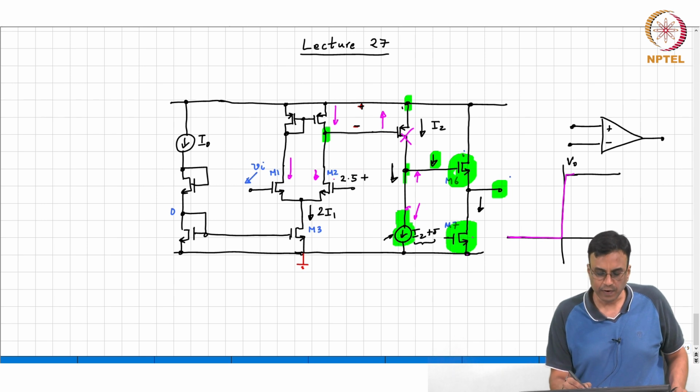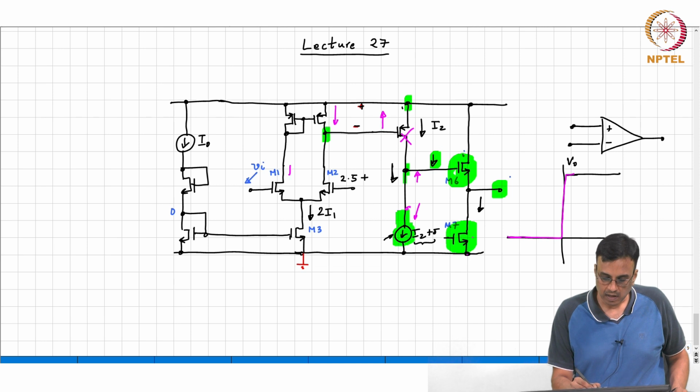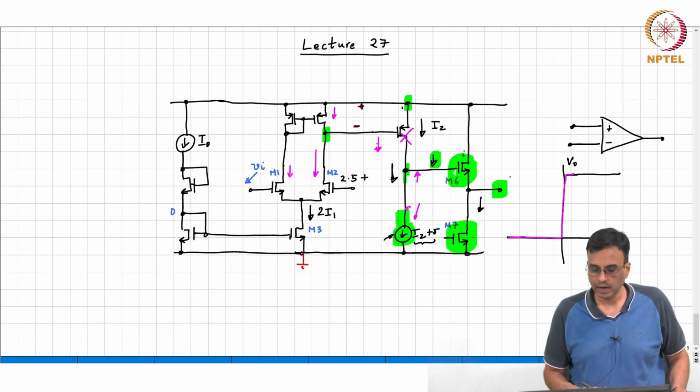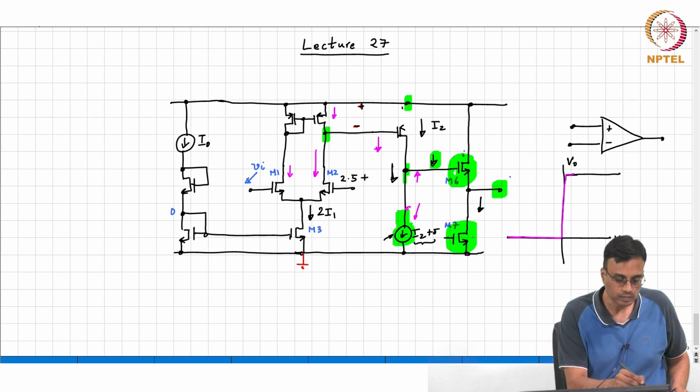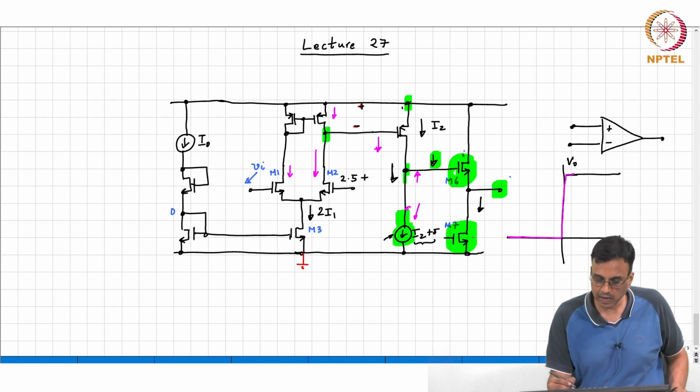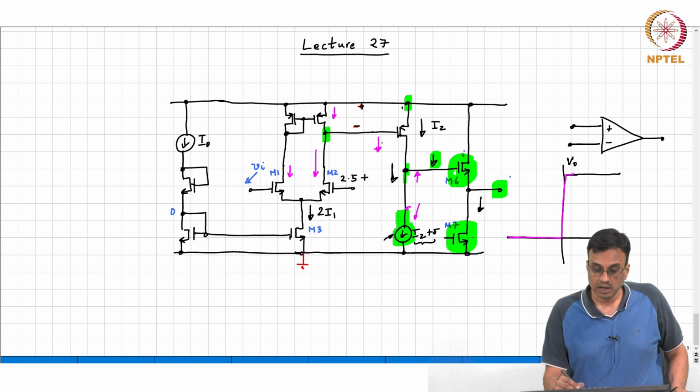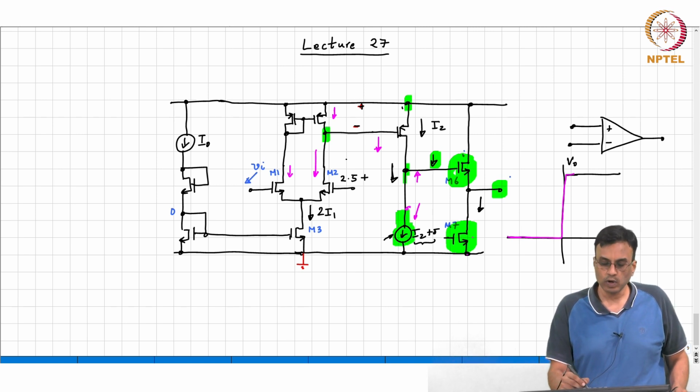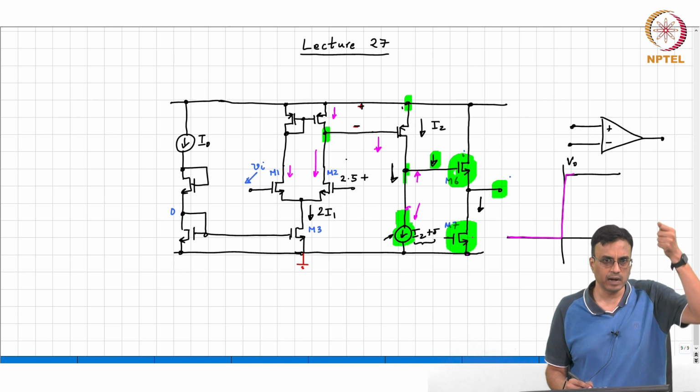If Vi is infinitesimally negative, then what happens? Less current is here, more current is there. What comment can you make about this node? It will keep reducing, right? And the PMOS transistor's gate voltage is going down, so it is attempting to push more current.